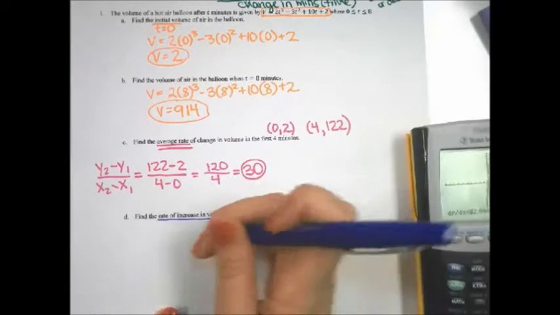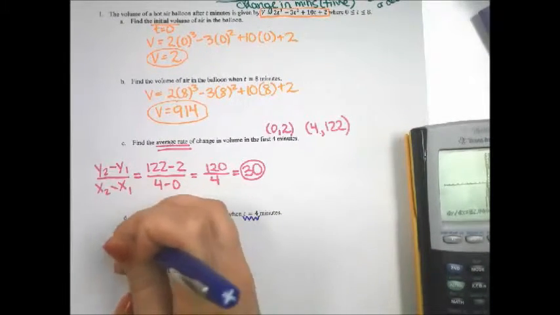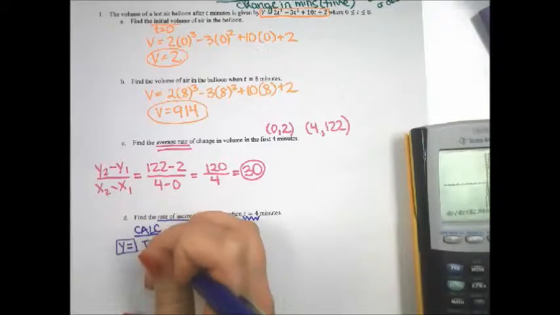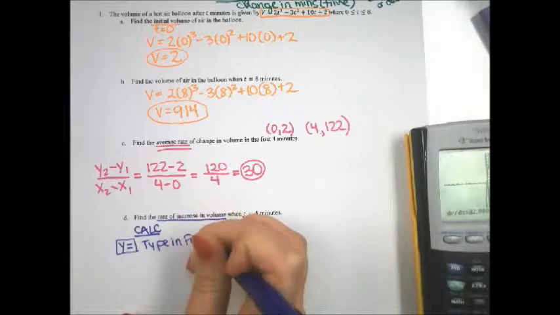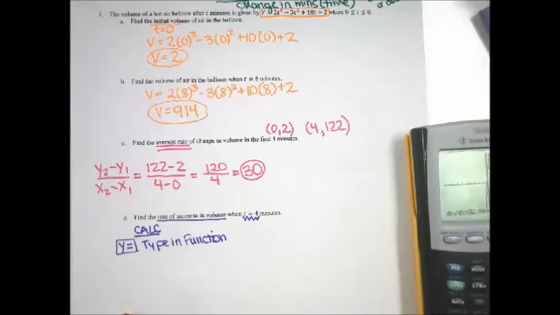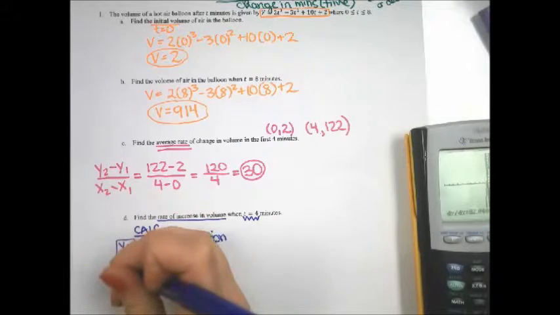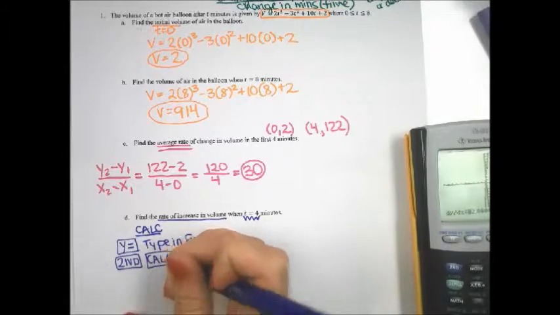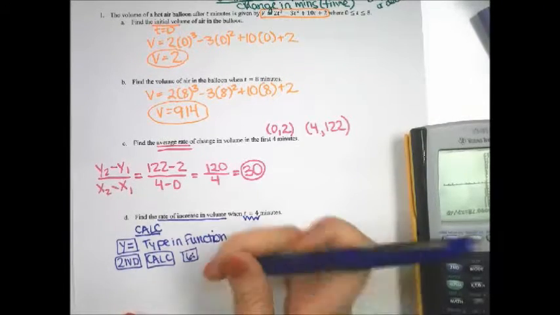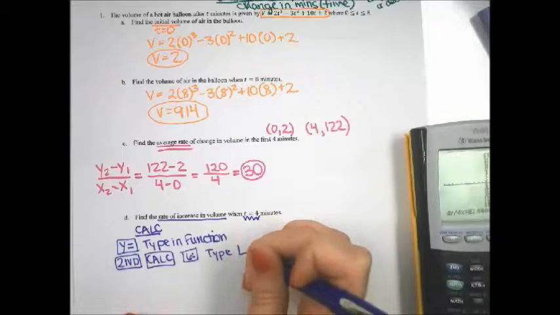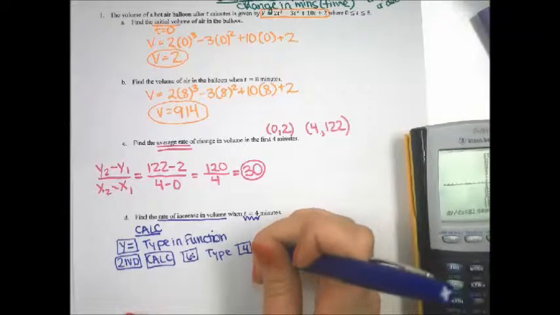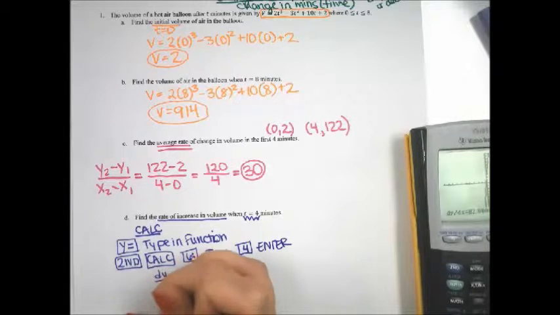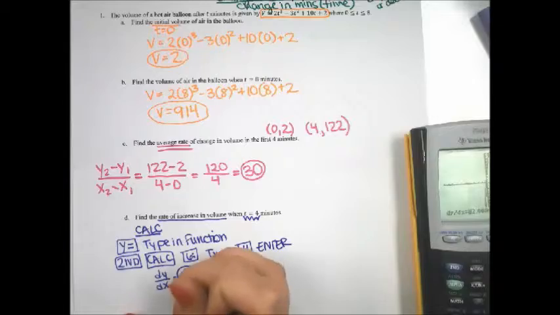So I know that you guys like to write your calculator steps, so if you want to use the calculator method, y equals, type in the function, second, calculate number 6, type 4, enter, and it says dy over dx is 82.